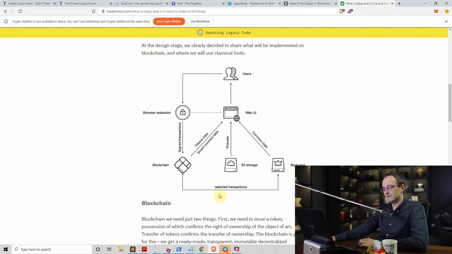As we can see in this nice illustration from this article that I will also link in the description below, here we see a user. That's us. And as a user, we always interact with a web UI, with a GUI. In computer science and in software, it's always about abstraction layers.